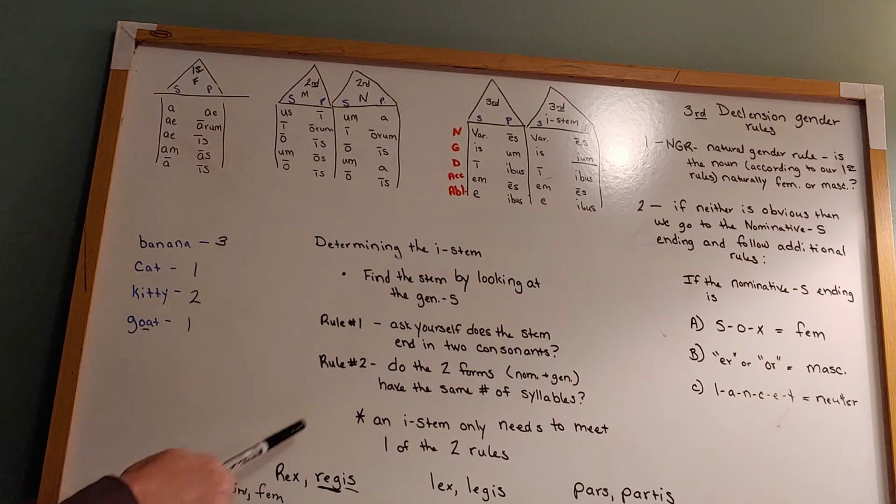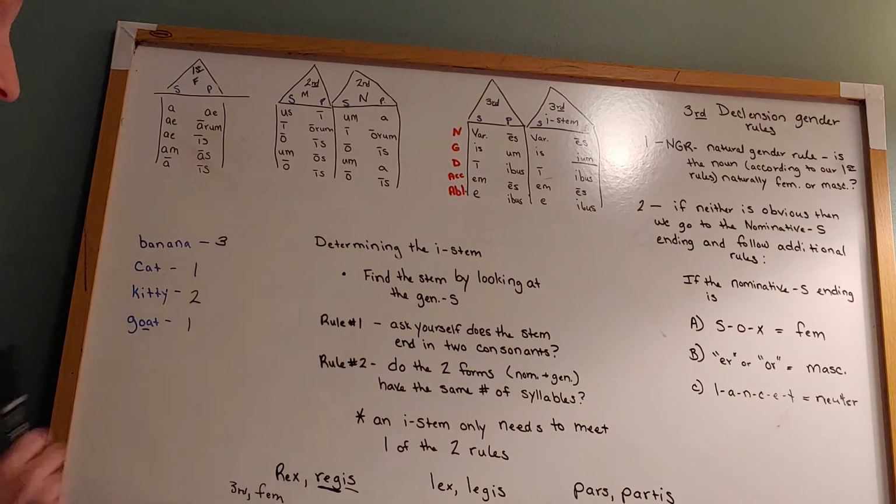Now for rule number 2, we're going to look at both whole words. Do the 2 forms, nominative and genitive, have the same number of syllables? Here we have Rex, we have 1, and Regis, which is 2. So they do not have the same number of syllables. So this is not an I stem.